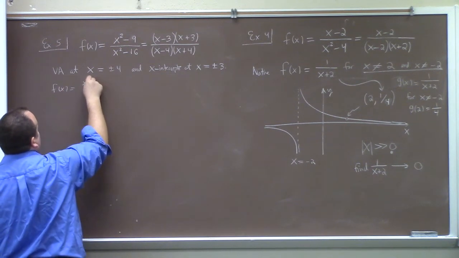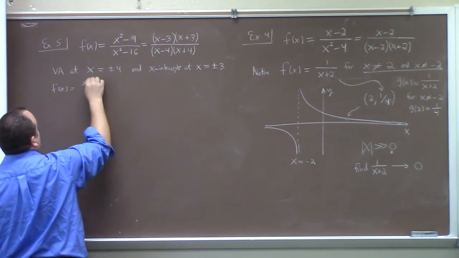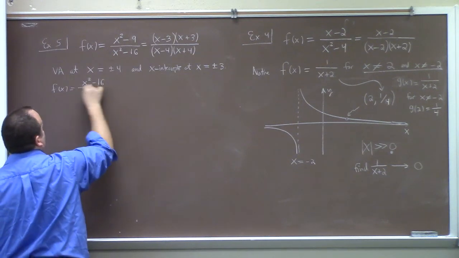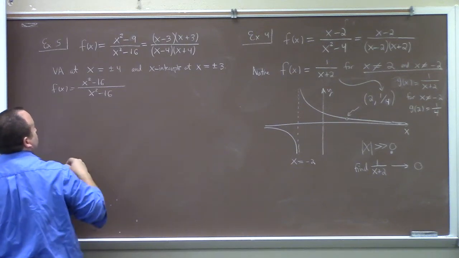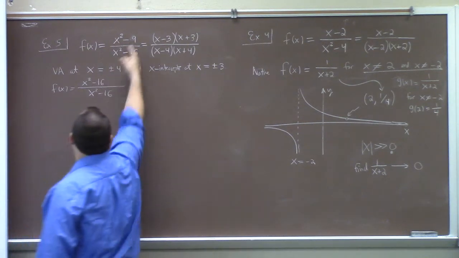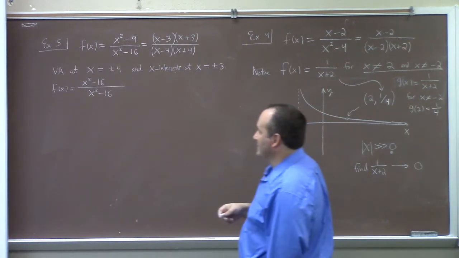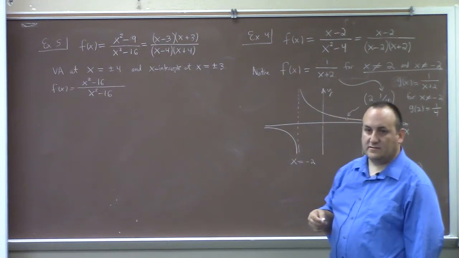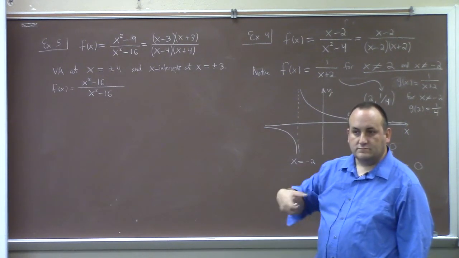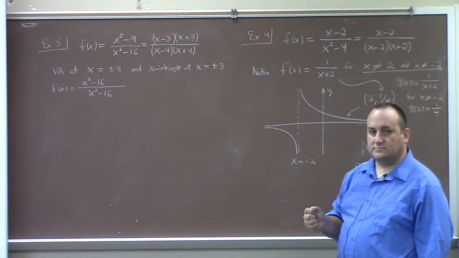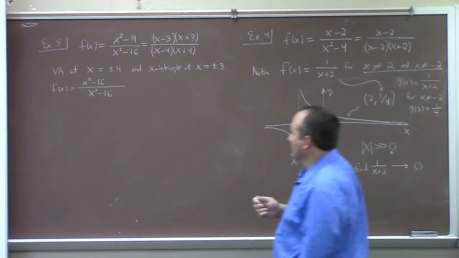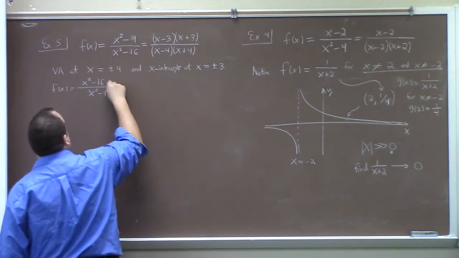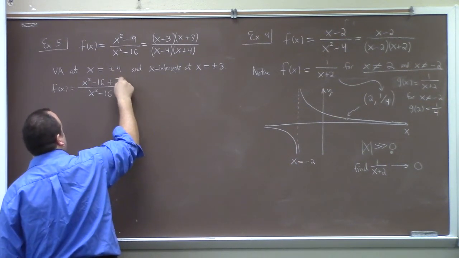So how do I make 9 turn into 16? If I put minus 16 and I have a minus 9 there to start with, what do I have to do to be fair? Minus 7? Right idea. Put plus 7, because the original numerator has to match the modified numerator.